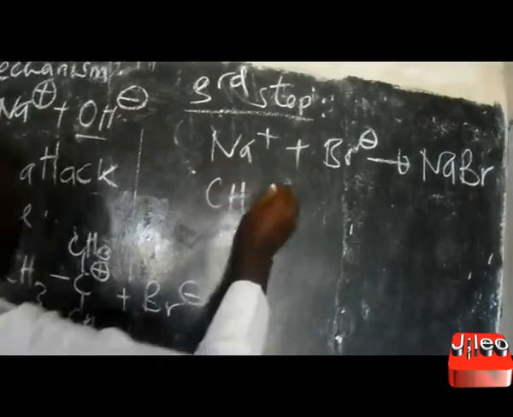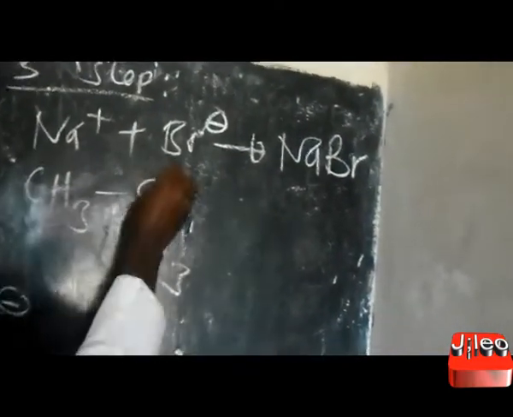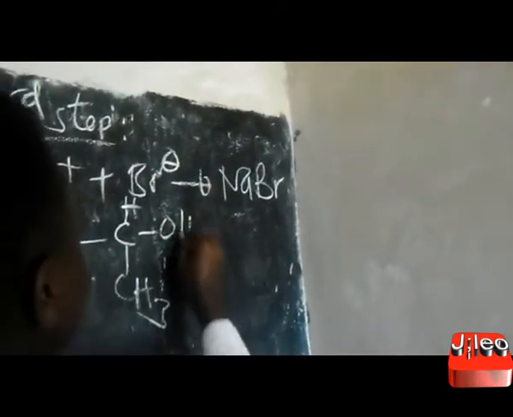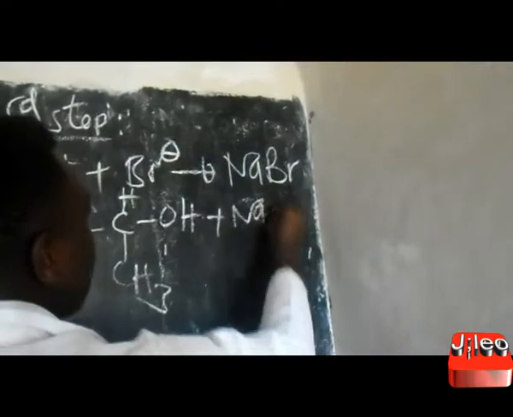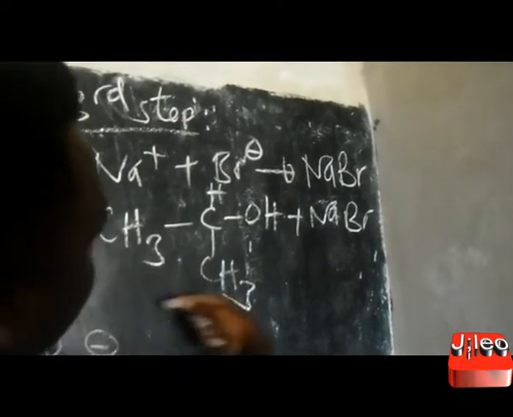So now, after getting this one, we have to consider that we have already formed CH3, CH3, then H, then OH plus sodium bromide. So by concluding, we can say that the reaction mechanism has already been done here.